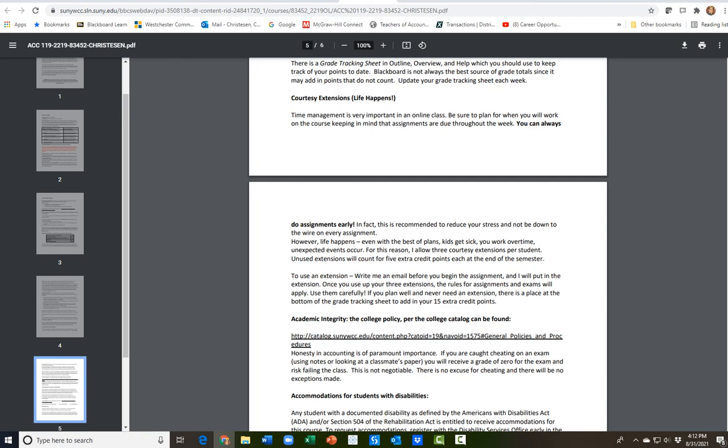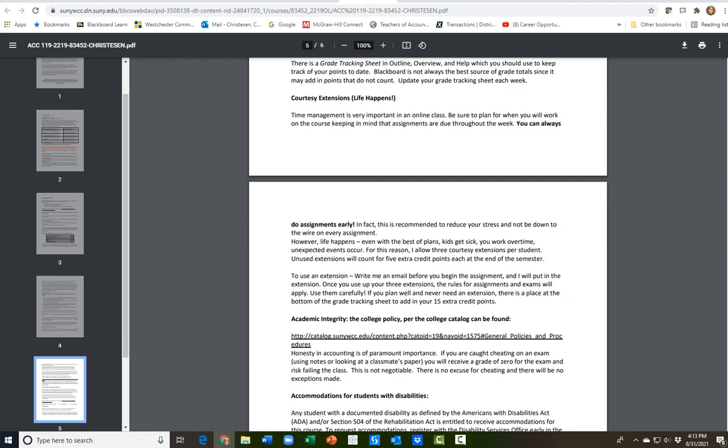So that means if something happens and you can't get to one of your assignments, you can get an extension. Now, the extensions, you can have 3 of them. If you don't use them at the end of the semester, they're each worth 5 points. So think about that carefully. So the assignments are penalized 5% per day, right?